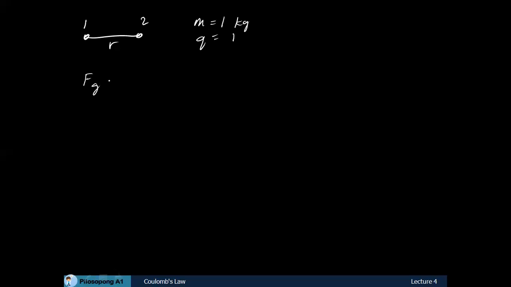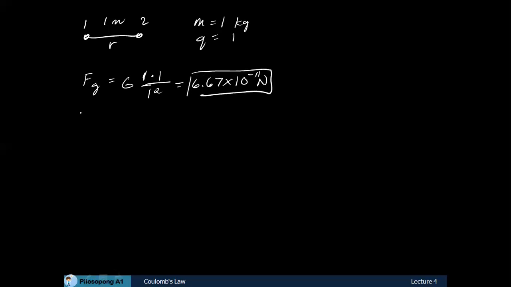Using our first equation, Fg is equal to G times 1 kilogram times 1 kilogram over the square of the distance, assuming that this is 1 meter, and we get an answer of 6.67 times 10 raised to negative 11 newtons.